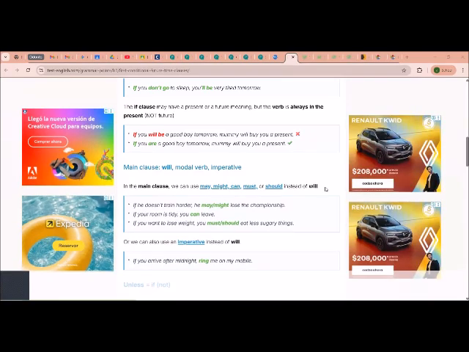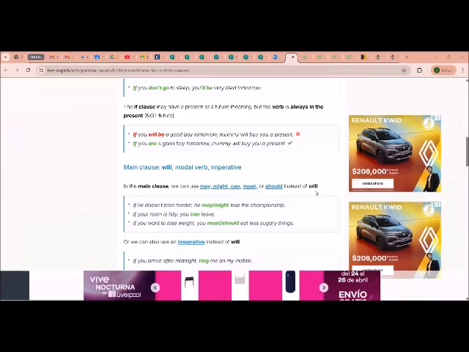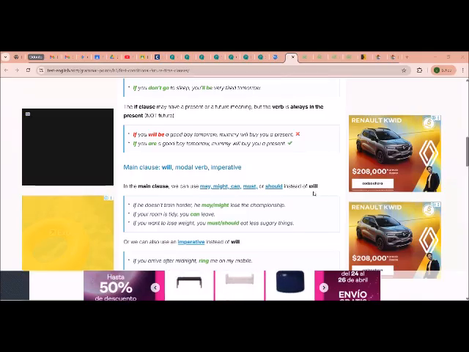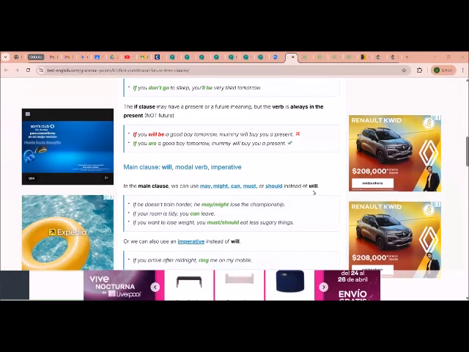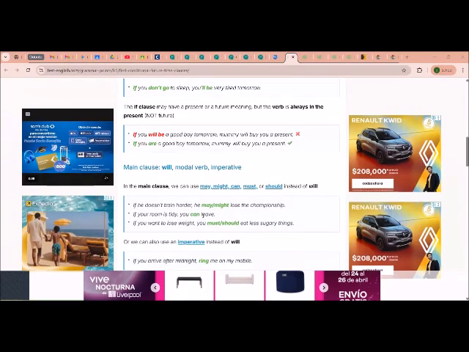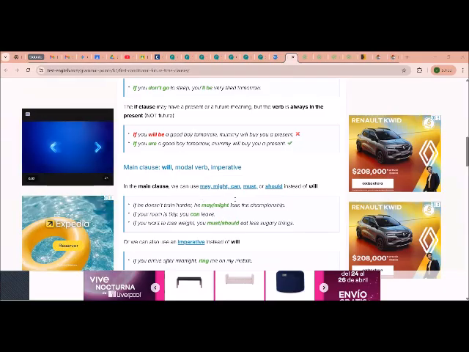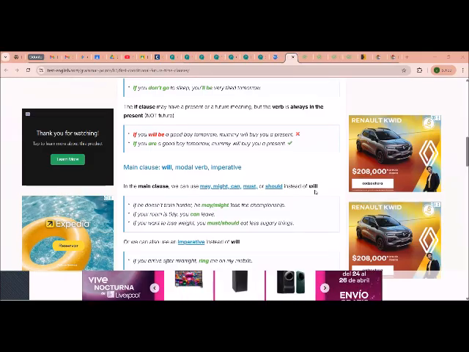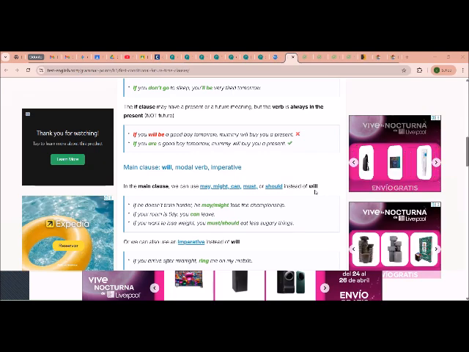So remember, the future component of the result clause is there because, in general, this is a likely situation. So how do I show how likely? Well, we adjust our modal. Will is the future simple, so it's a good way of showing the general likely future without any evidence.